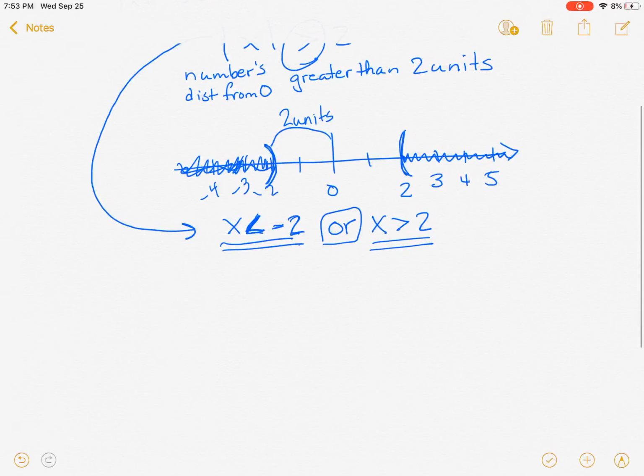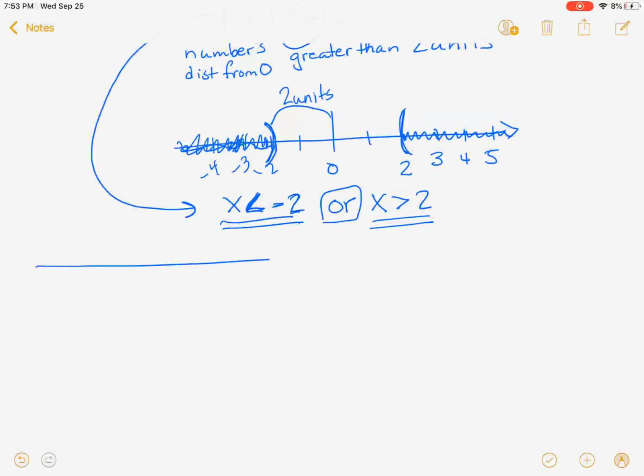Okay, so let's do an example. If I have the absolute value of 2x minus 1 greater than or equal to 5.